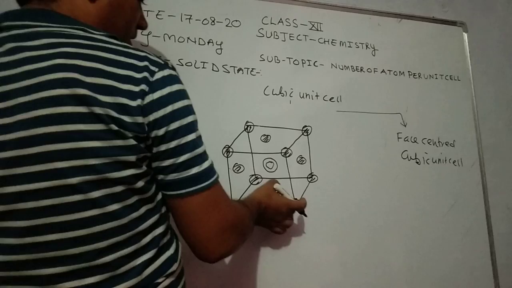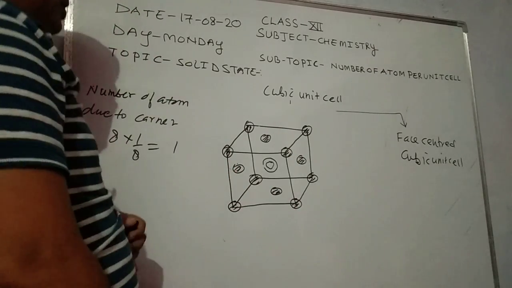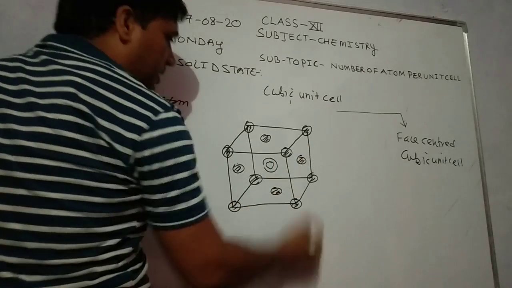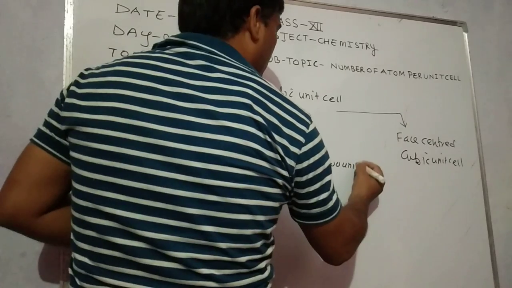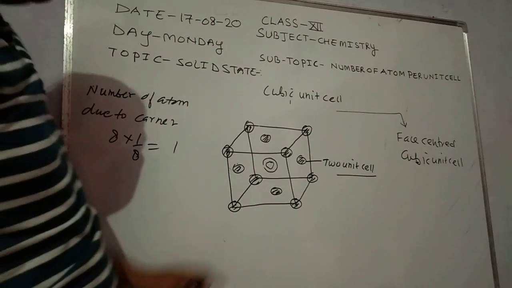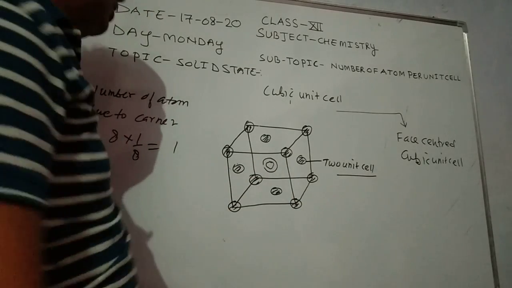And the faces, how many faces? 1, 2, 3, 4, 5 and 6. The lattice point present at the face is shared with 2 unit cells. So the total number of faces is equal to 6.